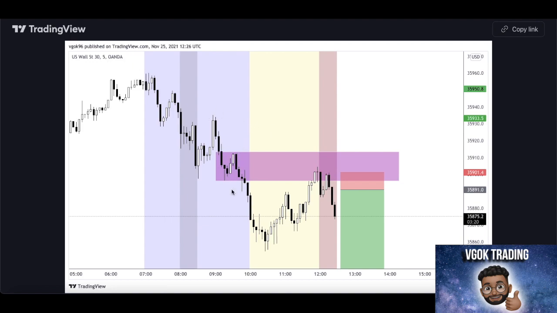On the 5-minute, we can see it's a lot more broken down into this redistribution that occurred within here, and that took out a previous zone of demand as well. So we get that movement down, that drop, base, drop. We then get price coming back up into the zone to retest the supply. We then get positive movements away, and then within this movement here, we get a really nice break of structure to the downside. So that is our before screenshot.